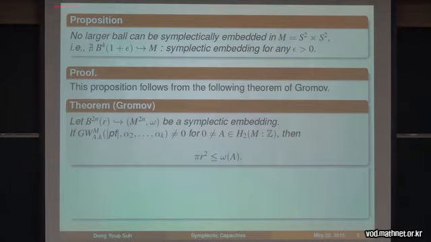So from the construction before, we have a lower bound for this value, pi r squared. But on the other hand, by the theorem of Gromov, using the Gromov-Witten invariant, we have an upper bound for this one.